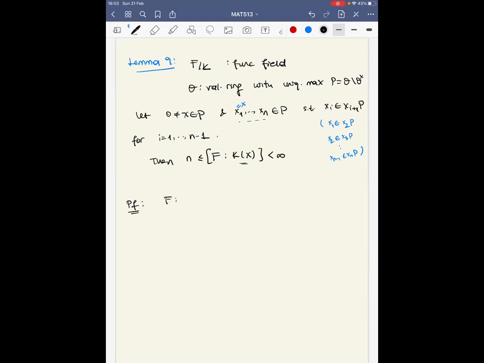In order to see that this extension degree is finite, it's enough to note that this x is an element in P, so it cannot be algebraic. That means x is transcendental. And from one of your homework, we know that this extension degree is finite.